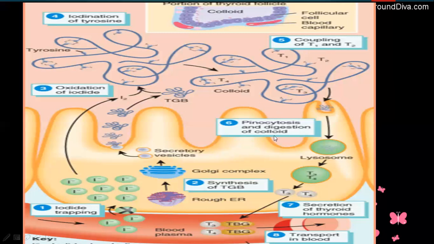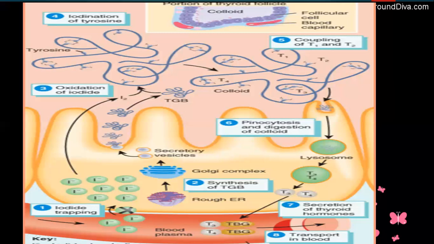And next, the sixth step is pinocytosis and digestion of colloid. In pinocytosis, droplets of colloid re-enter into the follicle. Here the thyroid hormones are already produced and stored in the colloid.